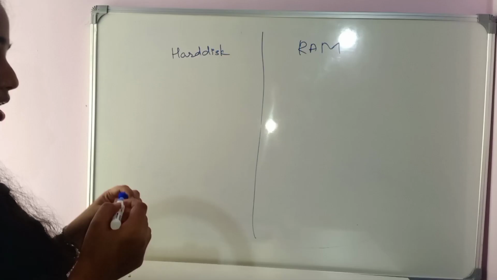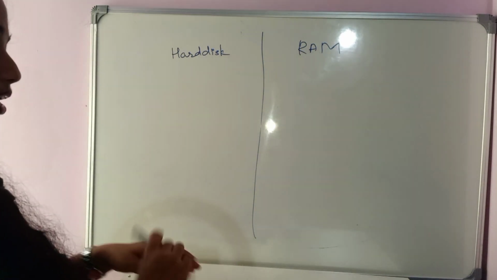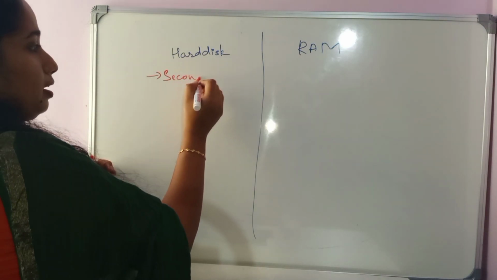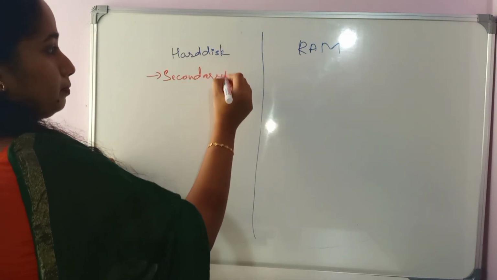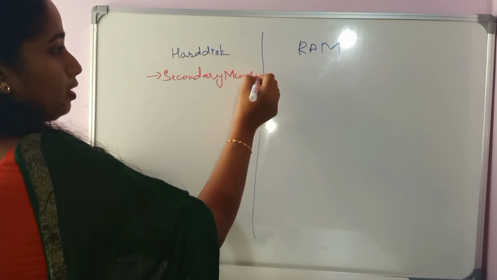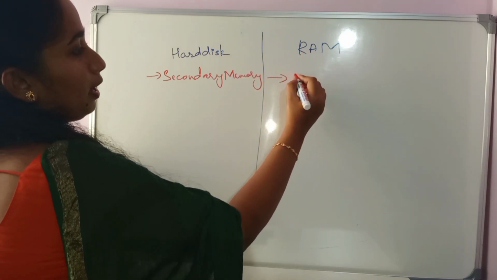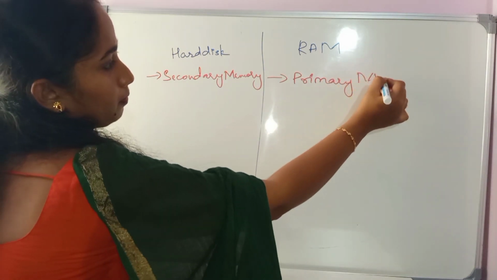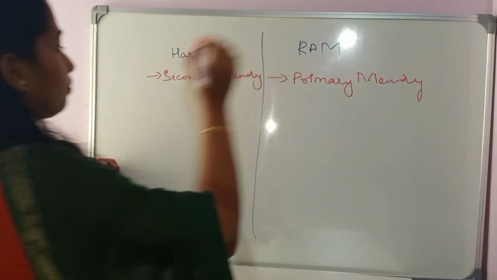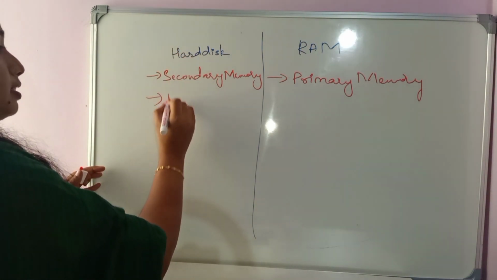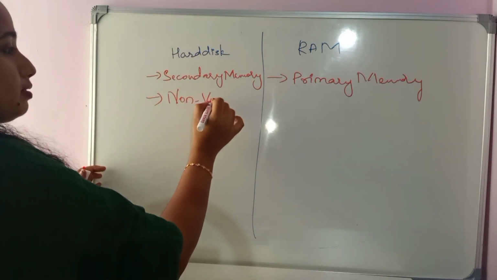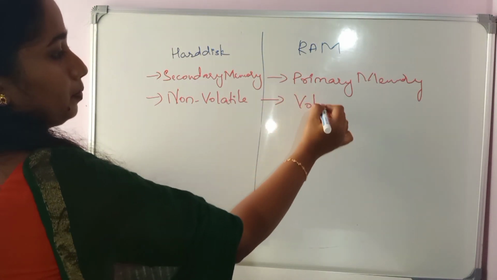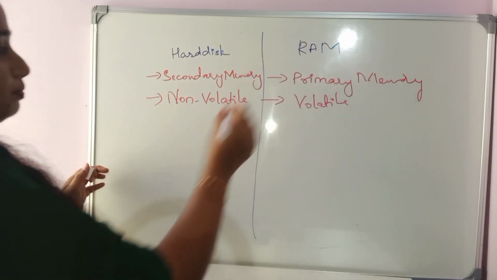Hard disk and RAM. The first difference is that the hard disk is a secondary memory and RAM is a primary memory. Next, the hard disk is a non-volatile device and RAM is a volatile device.